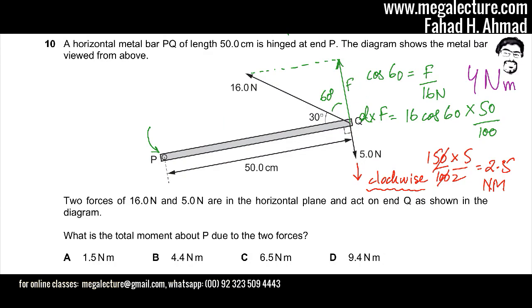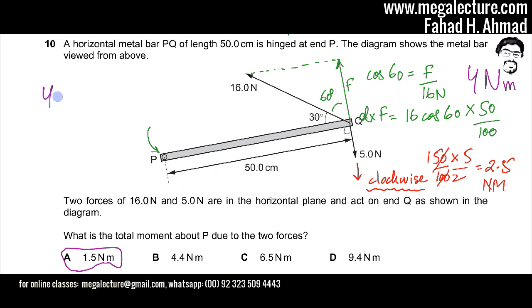So you have an anti-clockwise moment, which is 4 Newton meters, and you have a clockwise moment, which is 2.5 Newton meters. So the net moment, if you add the two moments together, they're going to get subtracted. So it's going to be 4 minus 2.5, which is going to give you 1.5 Newton meters.